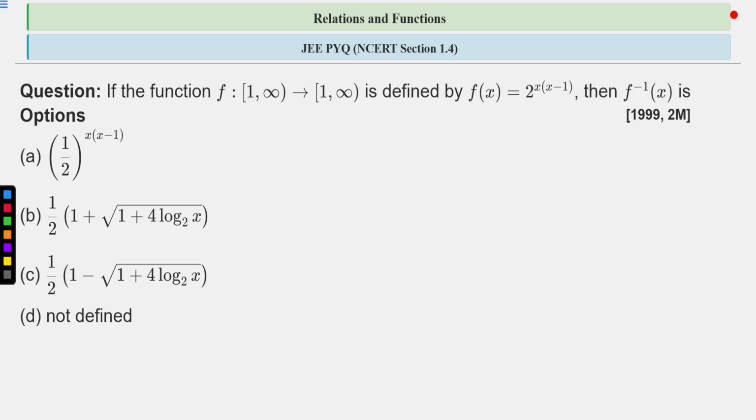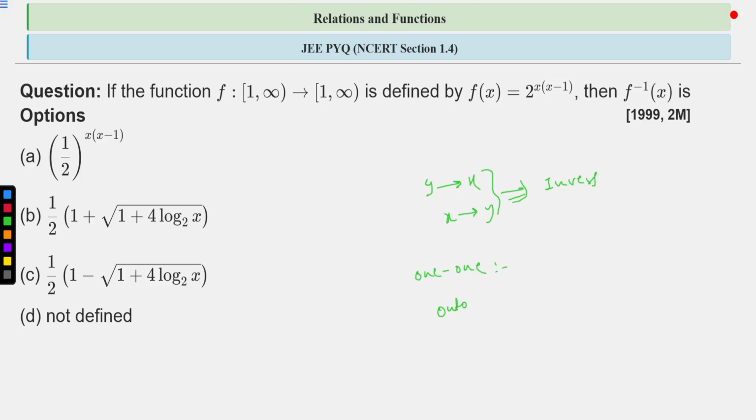And if it has been proved that it is one-one and onto both, then we can find the inverse by replacing x with y and y with x. We will replace y with x and x with y to find the inverse. Got it? Before that we need to check the function to be one-one and onto.